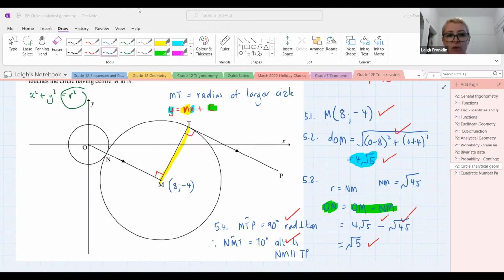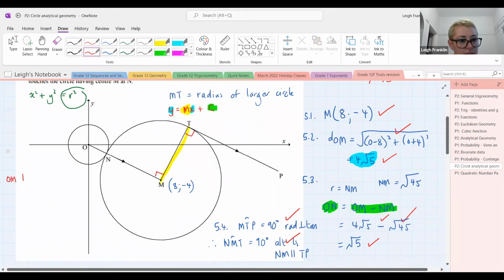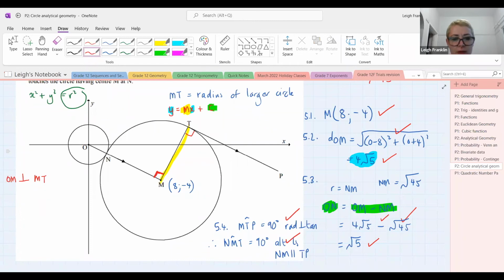So what Daniel was saying is, look at the relationship between OM and MT. They are what sort of lines? Okay, so OM is perpendicular to MT. So they meet at right angles. Remember, we've just concluded that in question 5.4. So when lines are perpendicular, what can we say about their gradients?